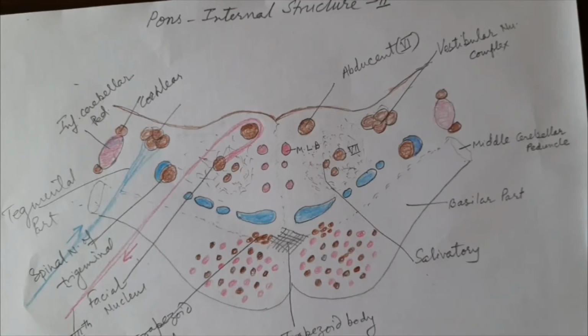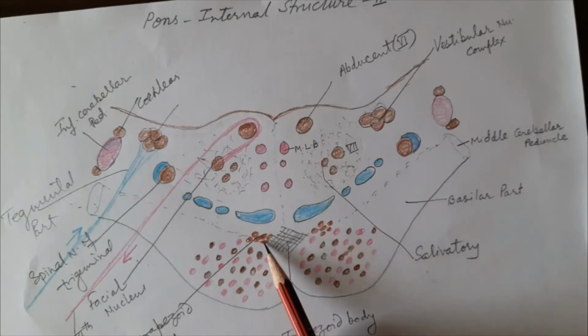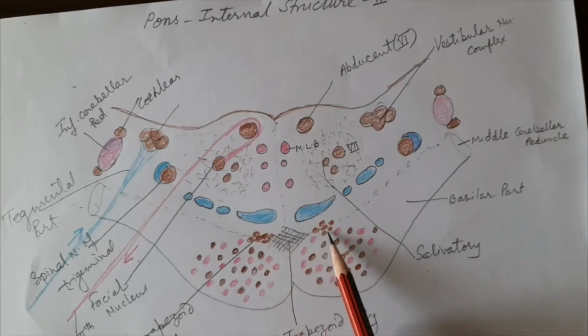Now what is the trapezoid body? The trapezoid body is formed by the decussation of fibers from the cochlear nucleus, because they are in the auditory pathway. After this decussation, the fibers relay into the opposite nucleus of the trapezoid body, which is very close to this.